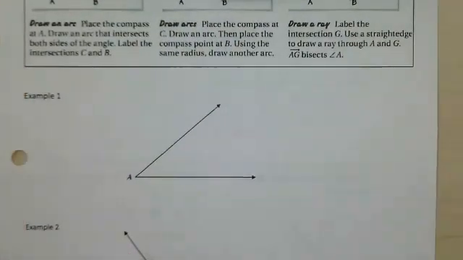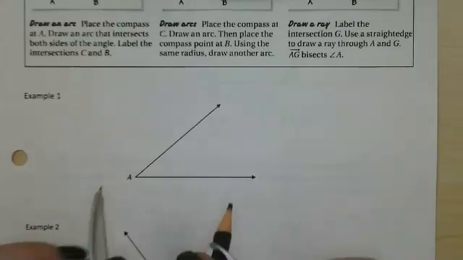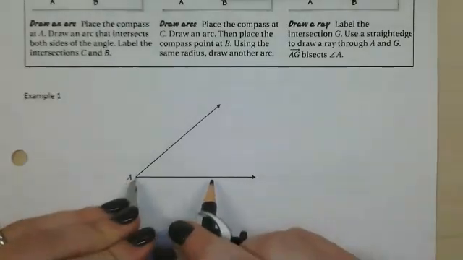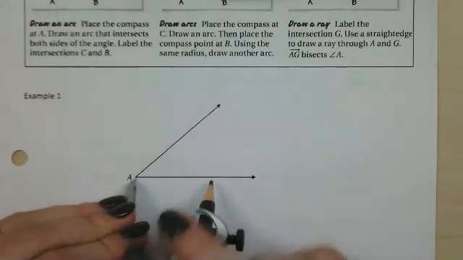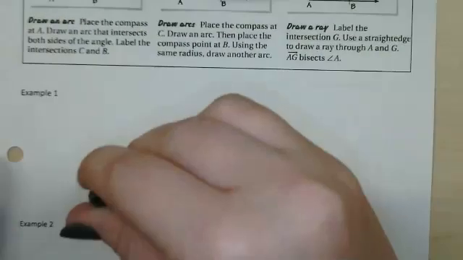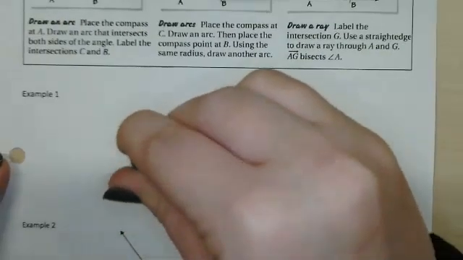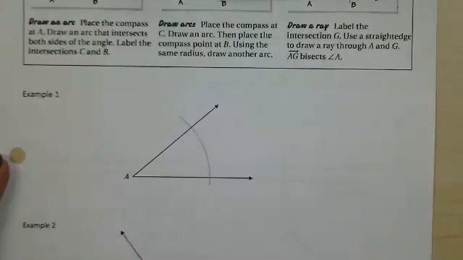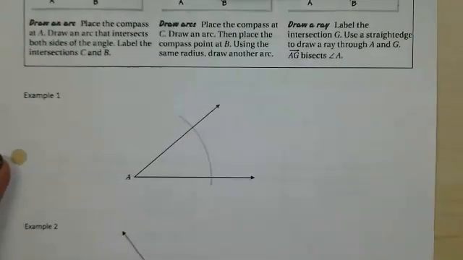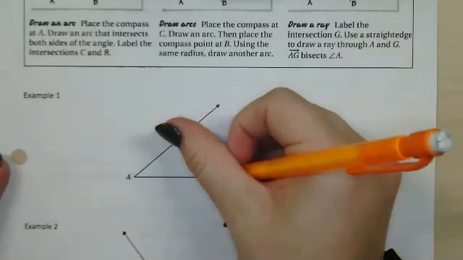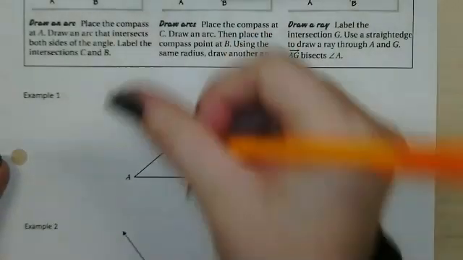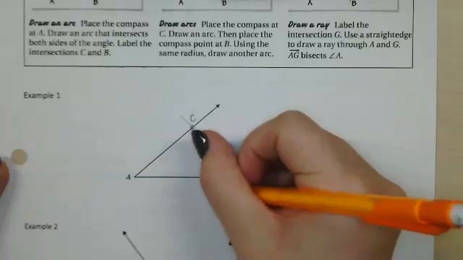I'm going to take my compass, put the pointed end on A, and then your pencil end, it doesn't necessarily matter where it falls, but whenever you draw your arc, it has to cross both of the lines. So kind of like when we're constructing a congruent angle, right? That first arc we draw. Then it said that the 2 points where it crosses the lines, or the 2 intersection points, to name those points C and B.